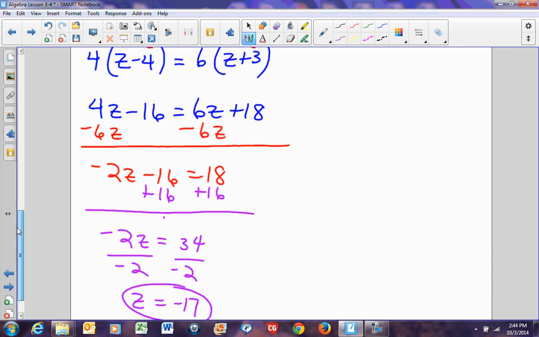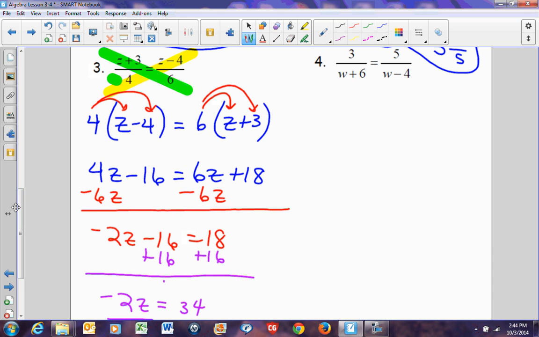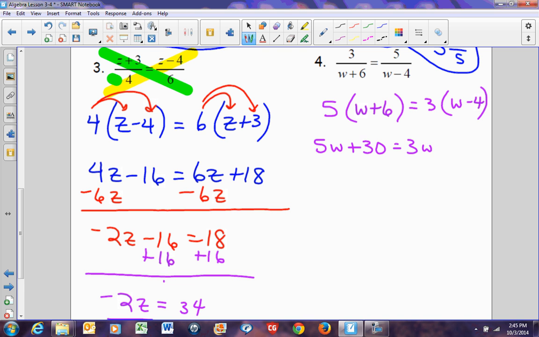And the last example. Again, we're going to cross multiply. So I will have 5 times w plus 6 equals 3 times w minus 4. Distribute: 5w plus 30 equals 3w minus 12. To get all my variables on the same side, I'm going to subtract 3w from the right side and move it to the left side.